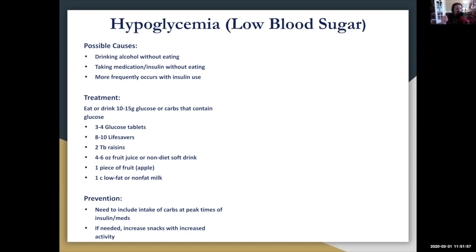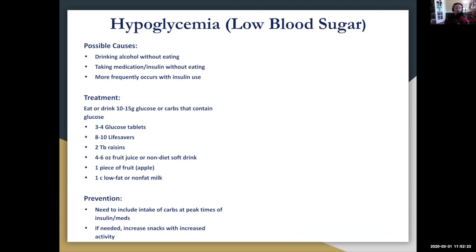You only need 4 to 6 ounces of fruit juice or of regular soda. 1 piece of fruit like an apple will do it, and 1 cup of low-fat or non-fat milk will do it as well. And the reason is because when they take the fat out of the milk, all that's really left is some protein and some sugar.